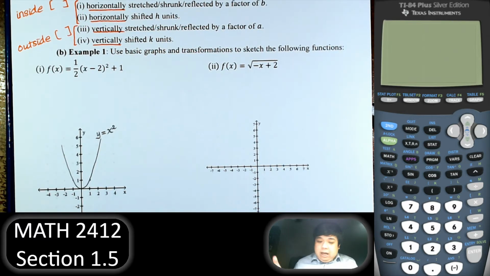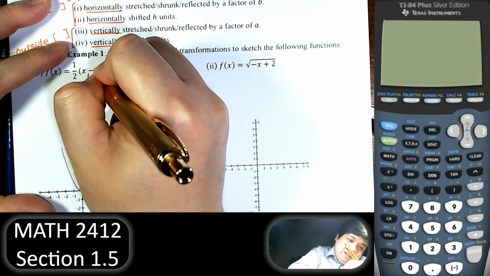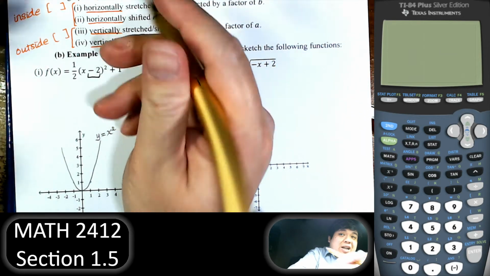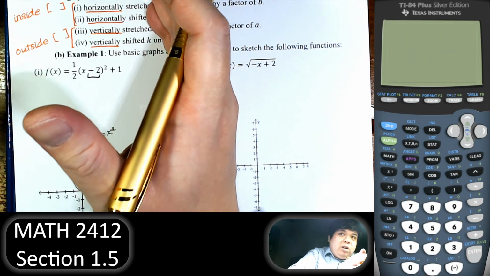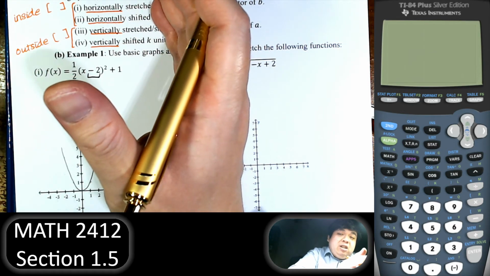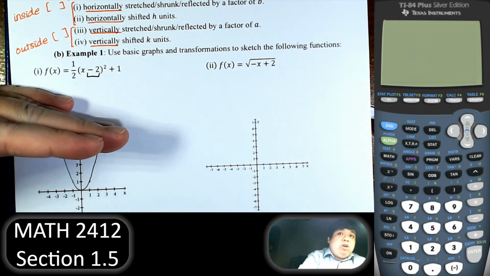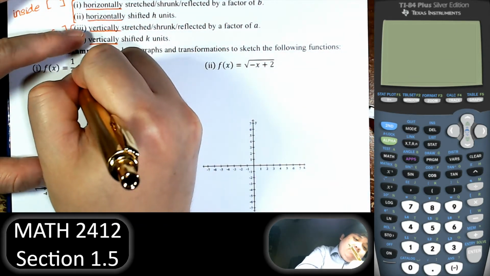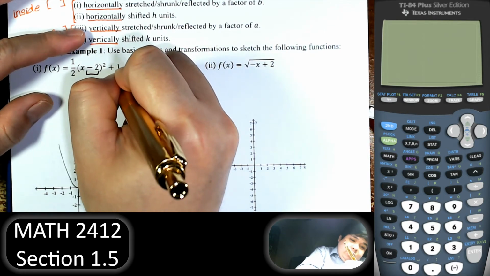I'm just going to check what color code I use. First we have the -2 here. That of course will go 2 units to the, it's inside, right? It affects the graph horizontally, yes, in reverse manner. The x-axis is usually positive on the right, negative on the left, but this one is in reverse manner, so it is on the right, 2 units.